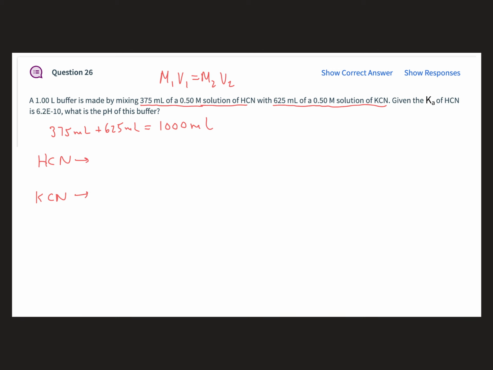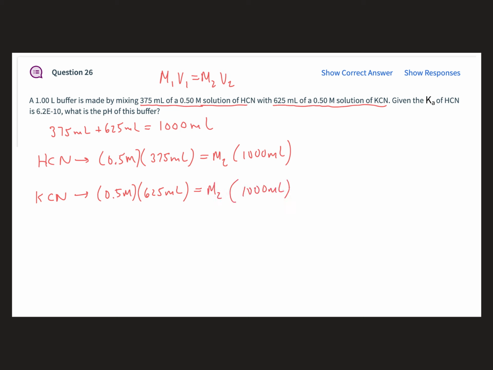So for the hydrogen cyanide, it's 0.5 molar, and I have 375 milliliters of that. My new concentration at 1,000 milliliters. Same calculation for potassium cyanide, except we have 625 milliliters of that sample, and then we dilute that to 1,000 milliliters.